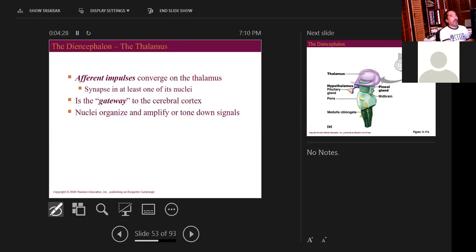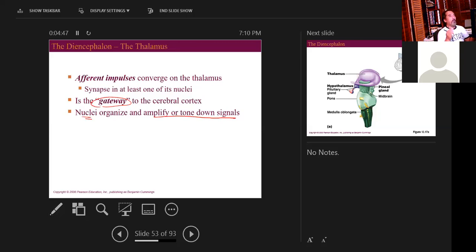That's the reason why we call it a gateway to the cerebral cortex. It has to pass through the thalamus first before it goes to the cerebral cortex. They're organized in nuclei and amplify or tone down signals.